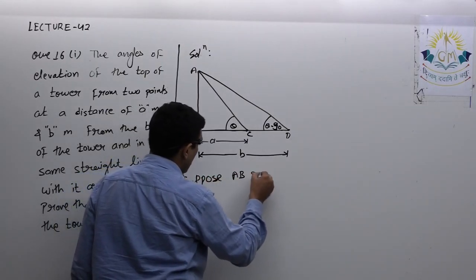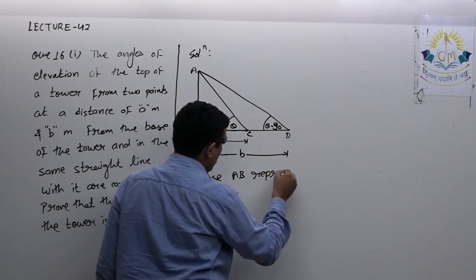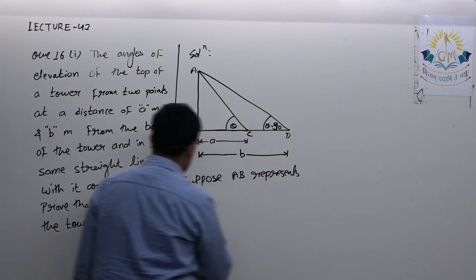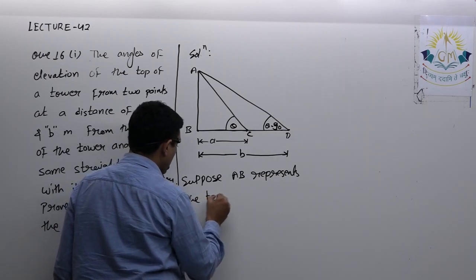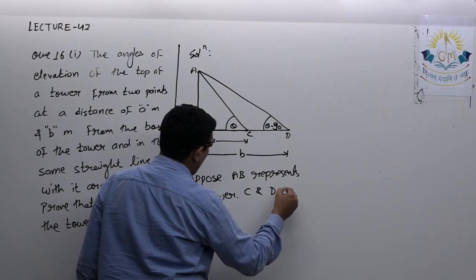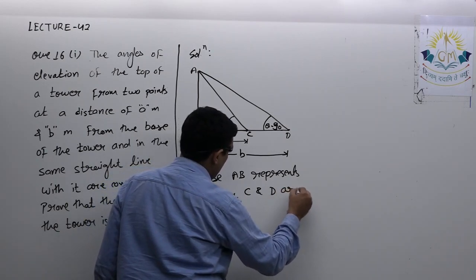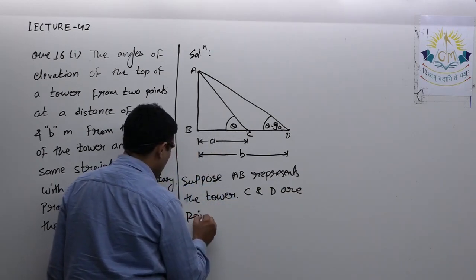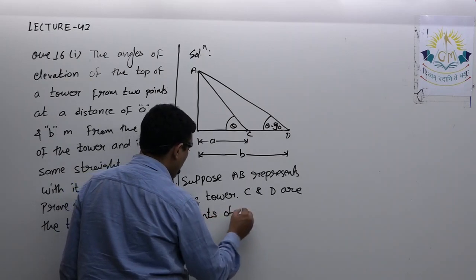So suppose AB represents the tower. C and D are points of observation.